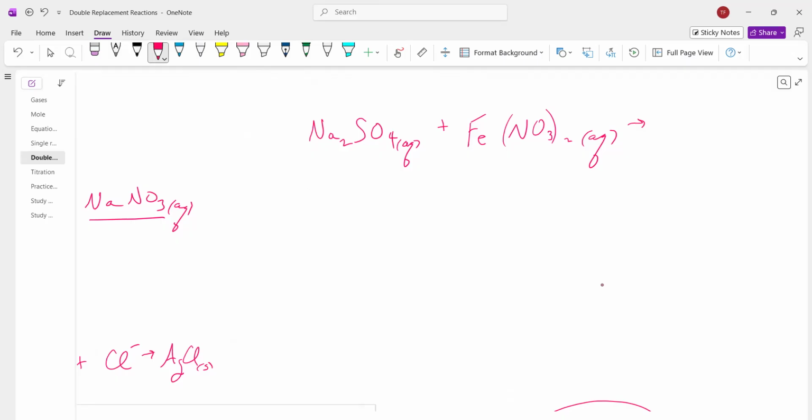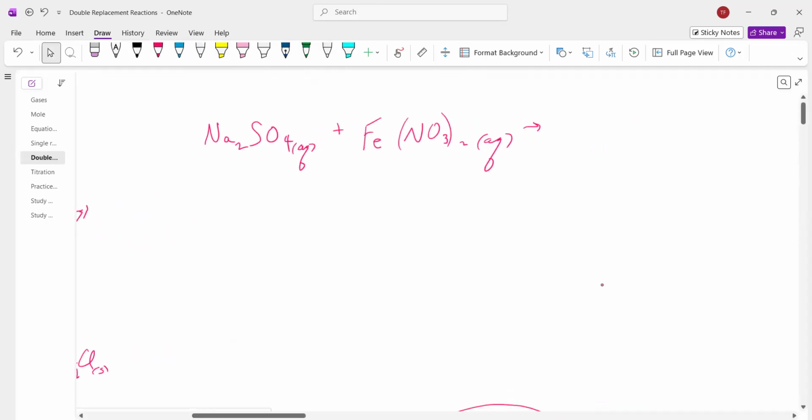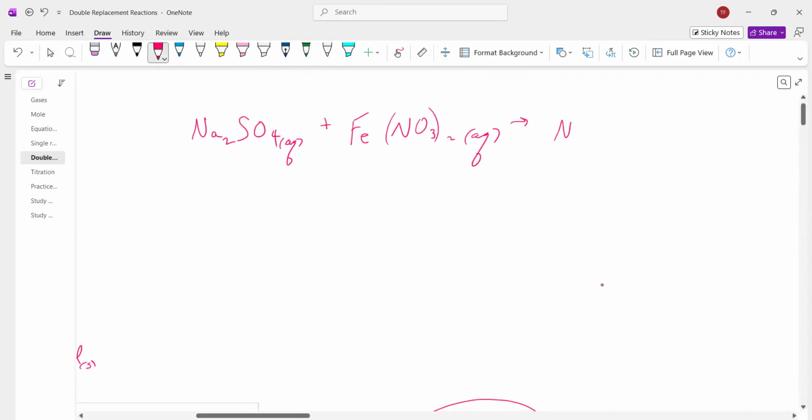So that means we have a new combination. One combination is sodium nitrate, and the other combination is the iron sulfate. Does everyone see where I got the new combinations?